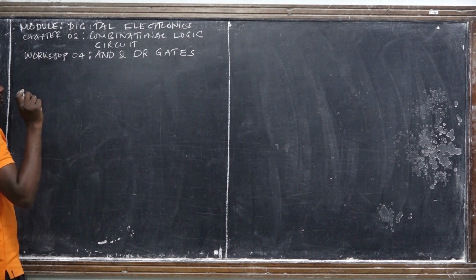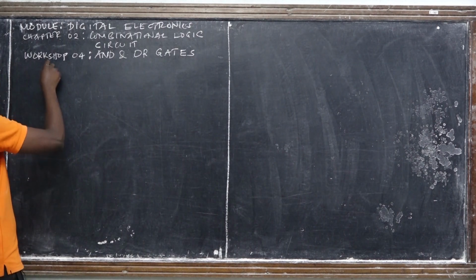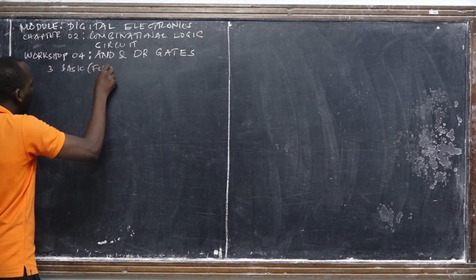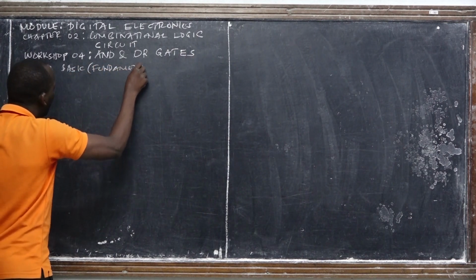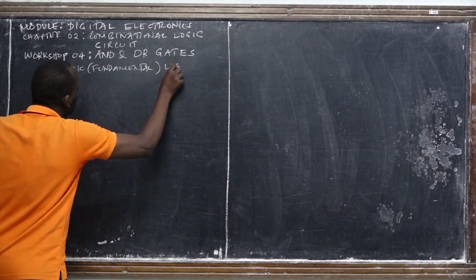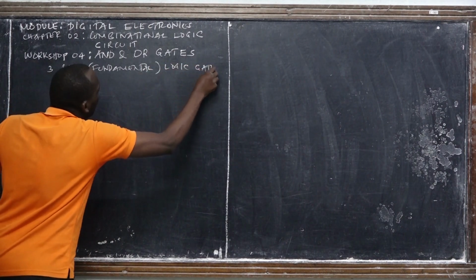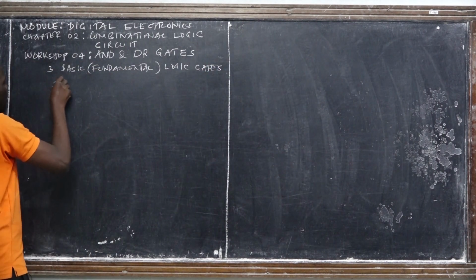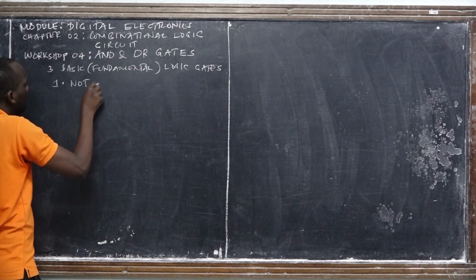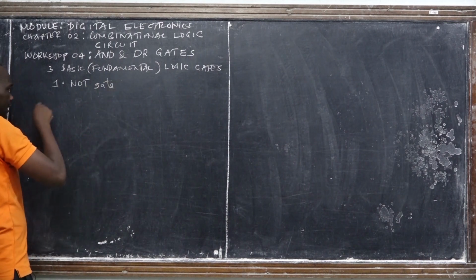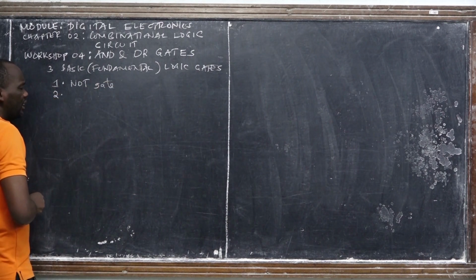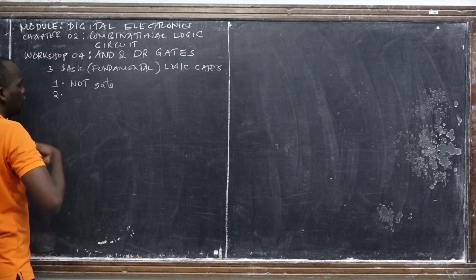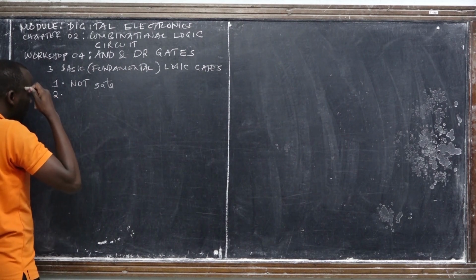Just to remind you, we have 3 basic or fundamental logic gates. The first one, we call it what, students? Please participate and pronounce these terms in order to keep them in your mind.